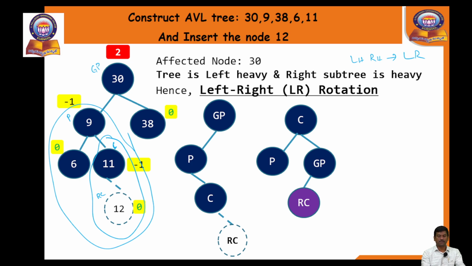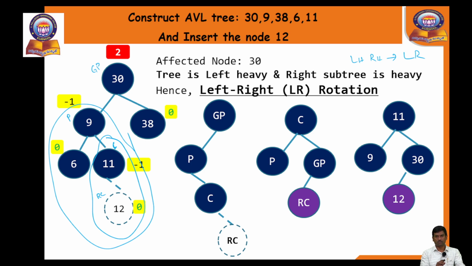So based upon this scenario, what is the child? That is 11. So 11 becomes the root, not the root of the entire final tree, but of this subtree. The remaining part is unchanged. Here, if you observe, the parent 9 is placed to the left of the child, and the grandparent, the node 30, is placed as the right child.